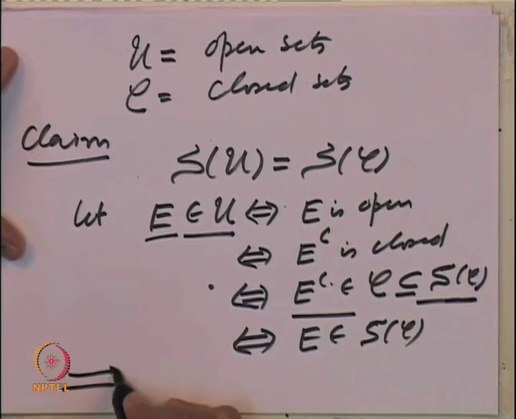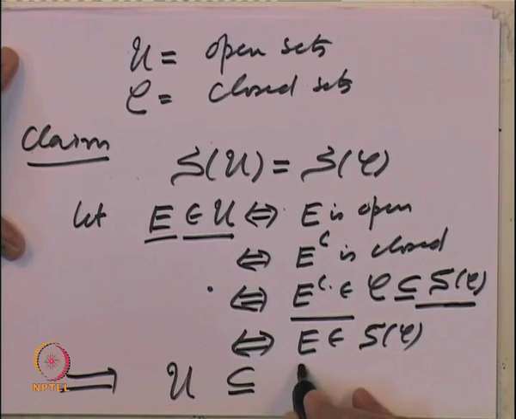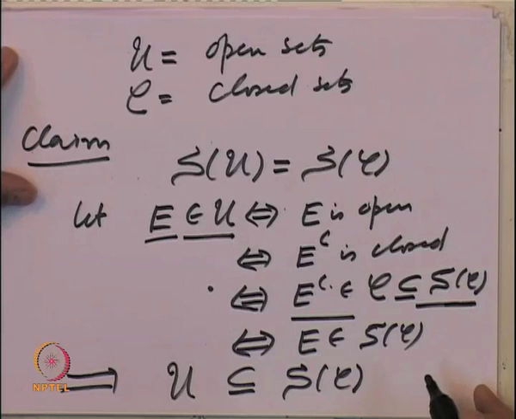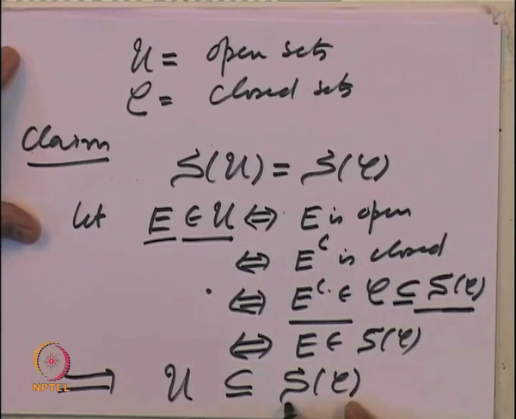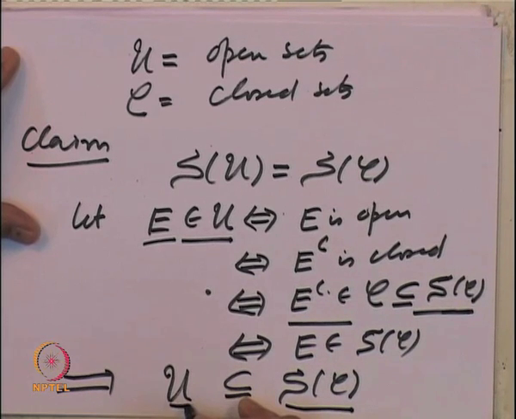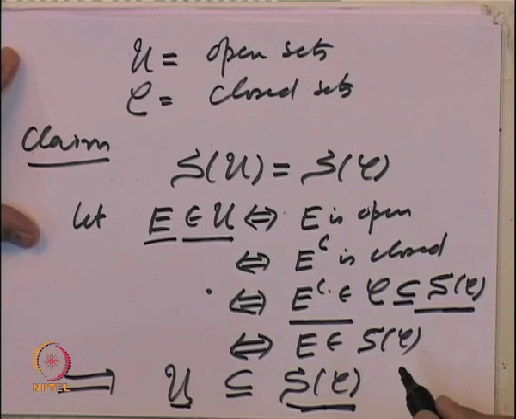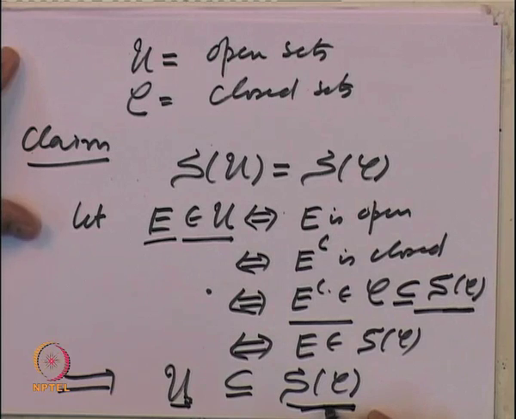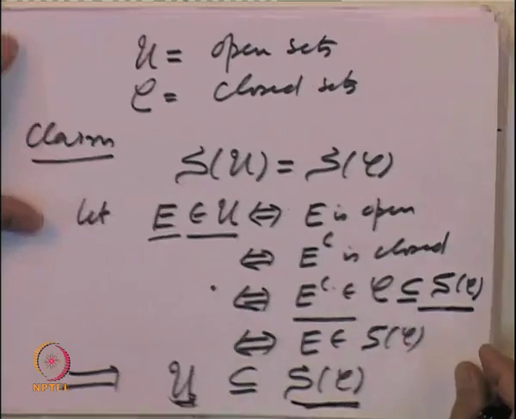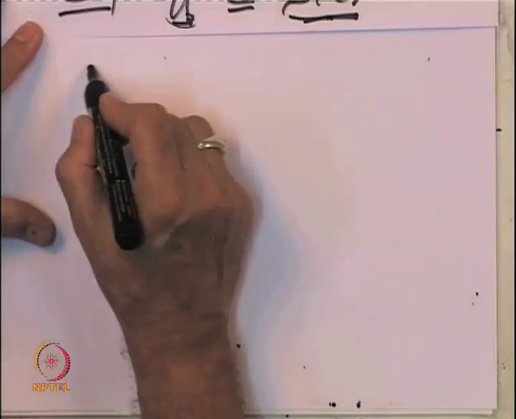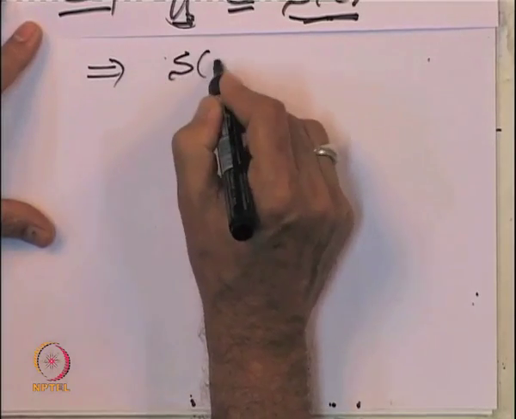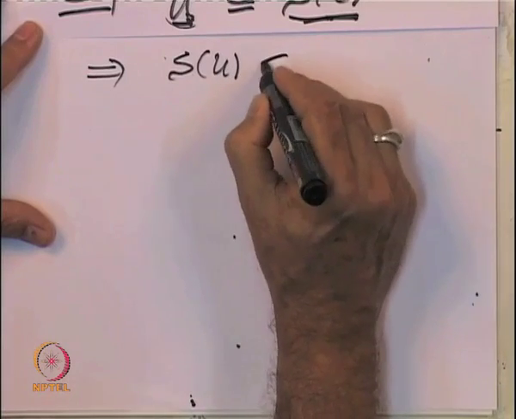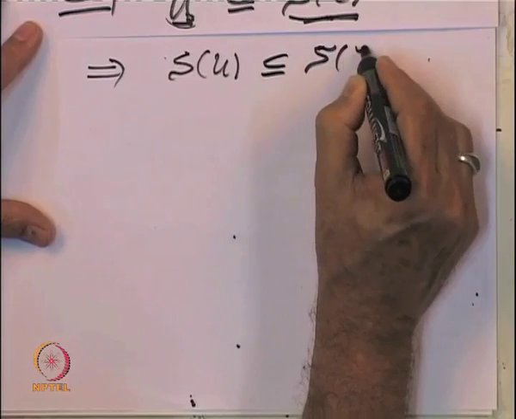So, this implies that all open sets are inside the sigma algebra generated by all closed sets. Now, this is a sigma algebra which includes open sets. So, this sigma algebra must include the smallest sigma algebra containing U. That means, once U is inside the sigma algebra S of C, the sigma algebra generated by it also must come inside S of C by the very definition. So, this implies that S of U, the sigma algebra generated by open sets, comes inside S of C.